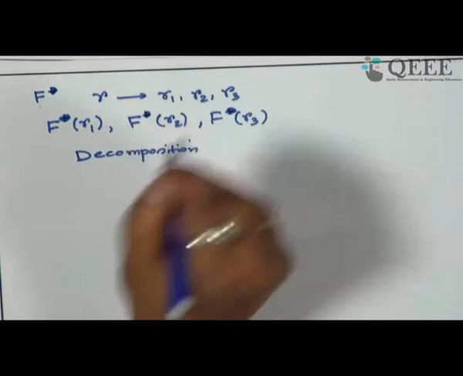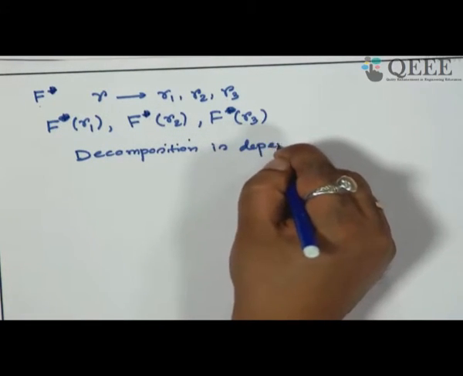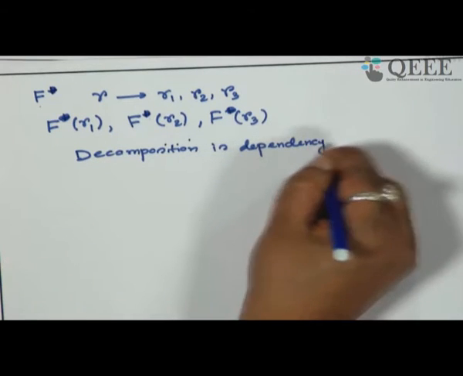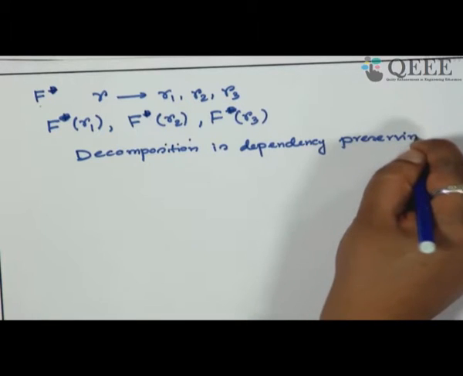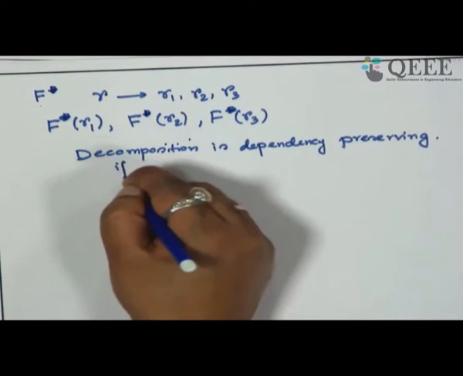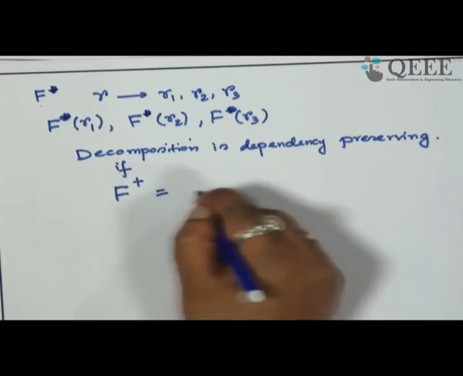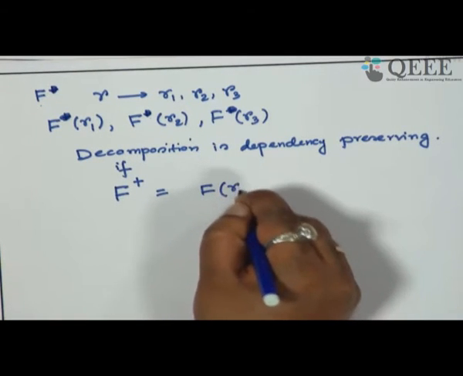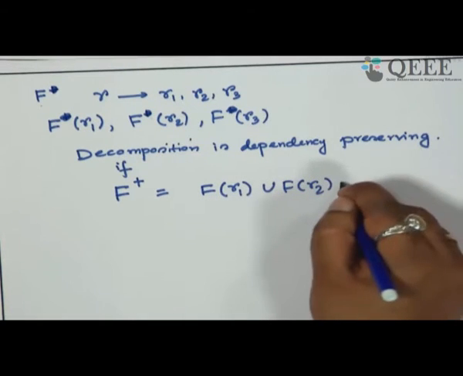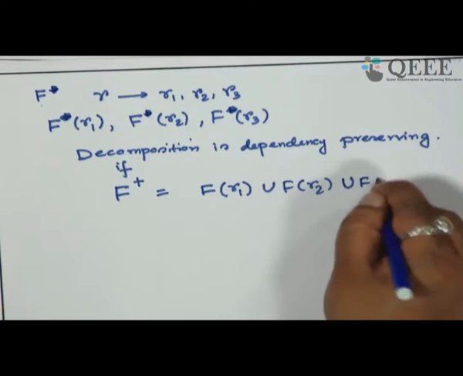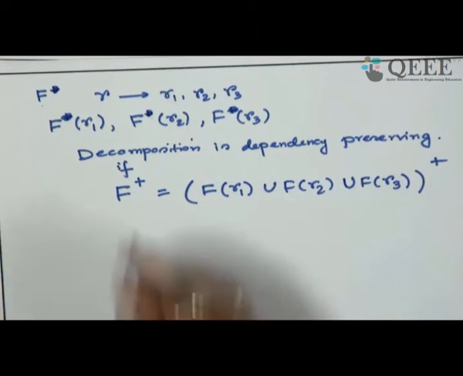The decomposition of R into these three is dependency preserving if the closure of the actual set is equal to the closure of the combination of the restrictions. Take the restrictions, put them together, take the closure, and you get the same closure as the original set.